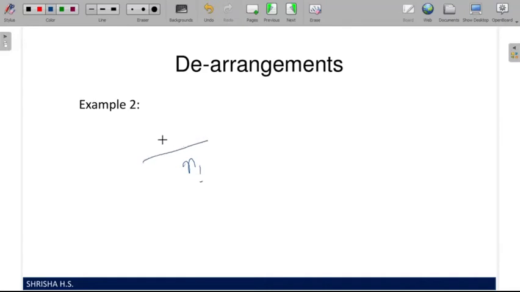Favorable means the ones we want, so that will be dn. So how can we write it now? This will be the answer. We can expand the formula and write that too, that's also fine. So this will be the answer for the first one.